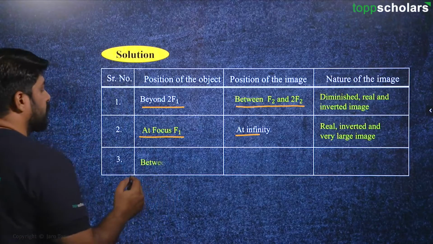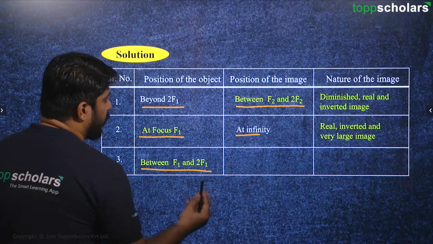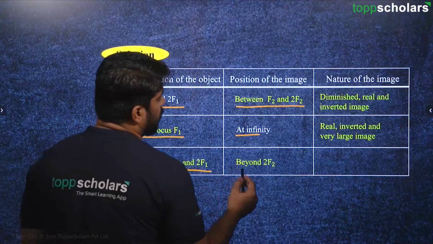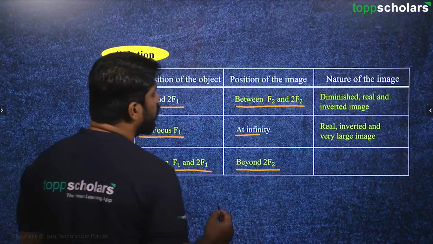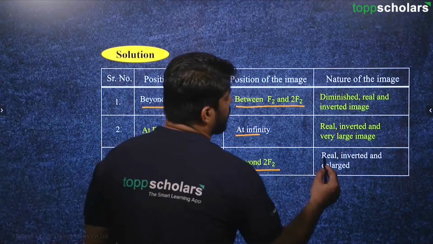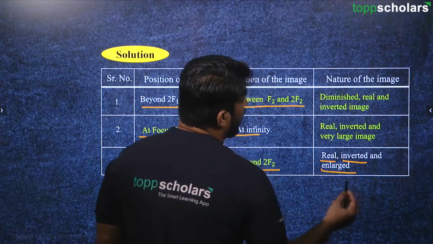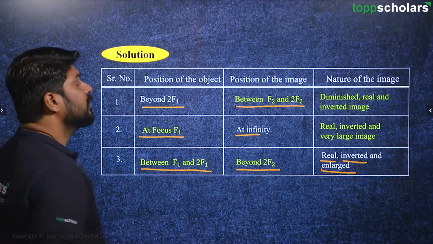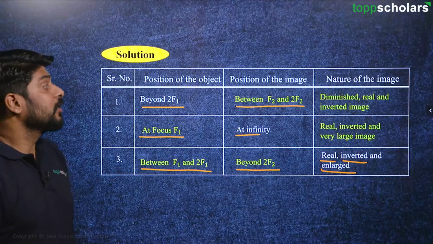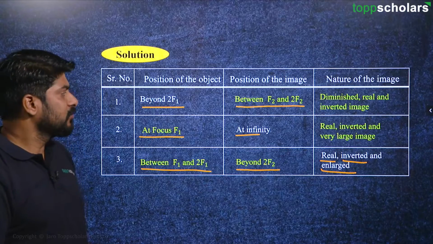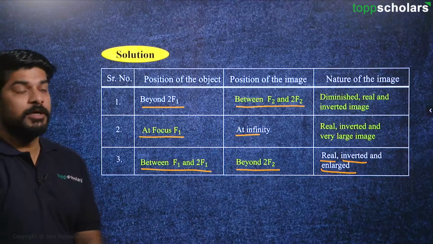Next, when the object is between F1 and 2F1, then the image is beyond 2F2 and it is real, inverted and enlarged, right? So these are the answers to the given question and this is how we have filled up the data.